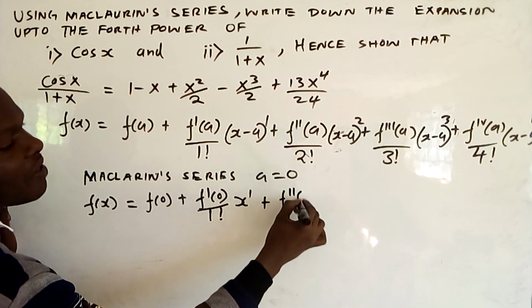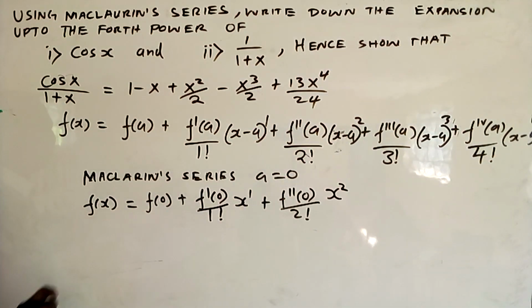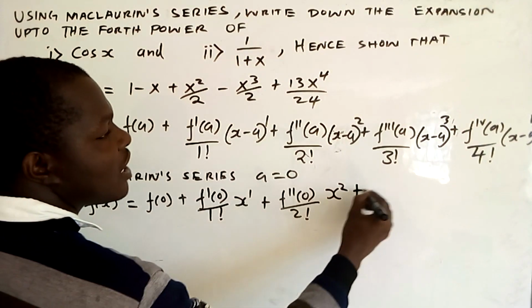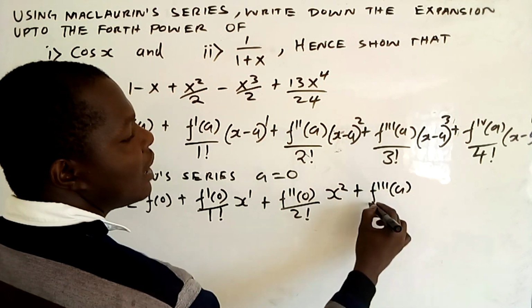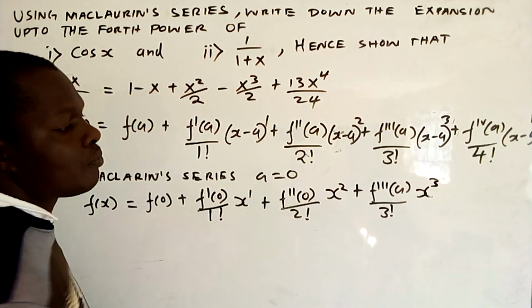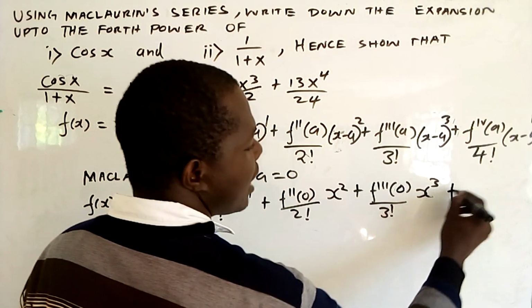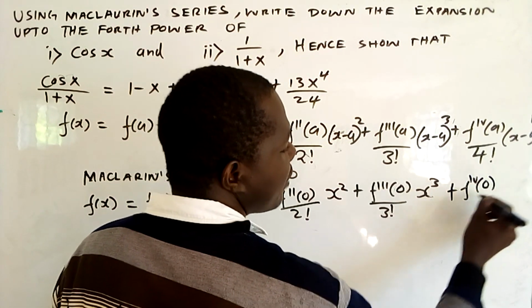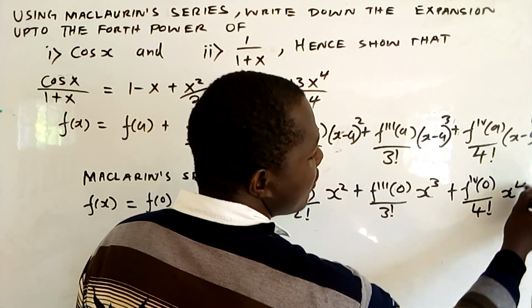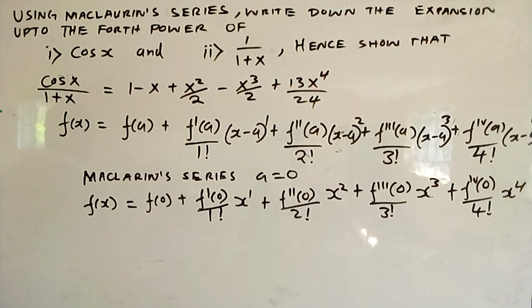Then plus f double prime of 0 over 2 factorial times x squared, because it is x minus a and a is 0. Then plus f triple prime of 0 over 3 factorial times x cubed. Then the fourth derivative at 0 over 4 factorial times x raised to power 4.